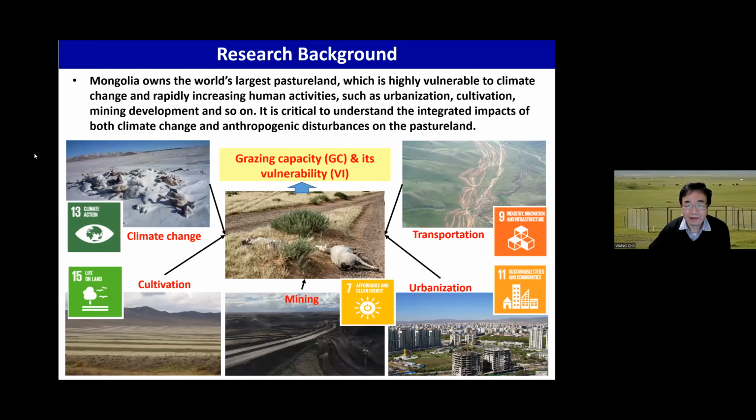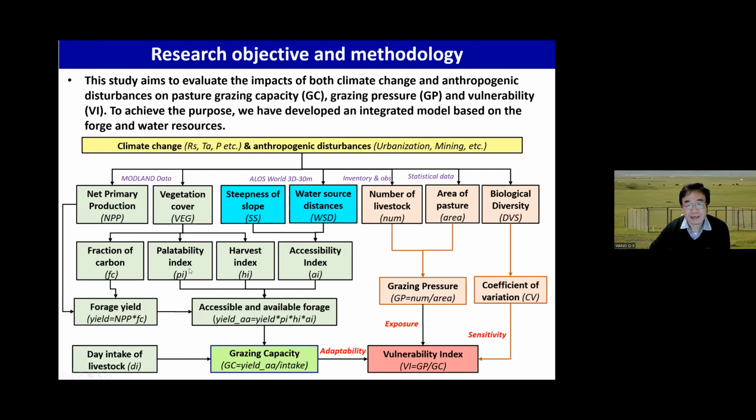This very important index of green capacity and the vulnerabilities are influenced by climate change, cultivation, mining, urbanization, transportation, and many kinds of factors that impact these two important indicators. So we try to establish a model to simulate these indicators.